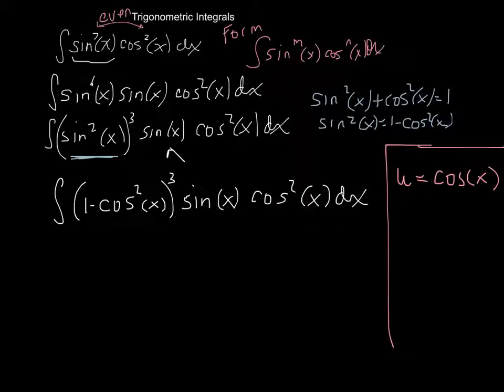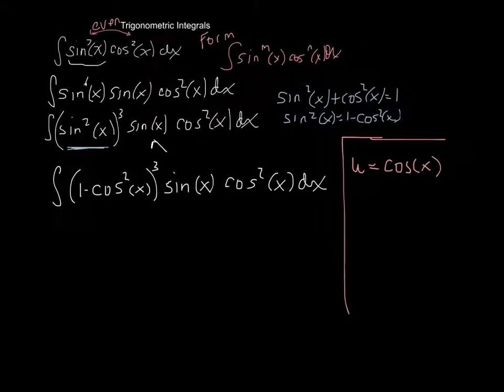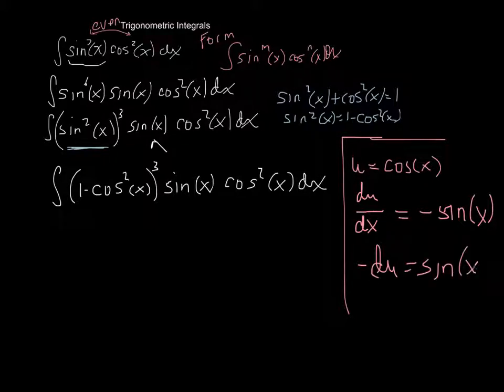Then my derivative, du over dx, of cosine is minus sine of x, and solving this, minus du equals sine x dx, and I can use that to substitute there. And of course my cosine squared, I can substitute my u. Alright, so away we go.